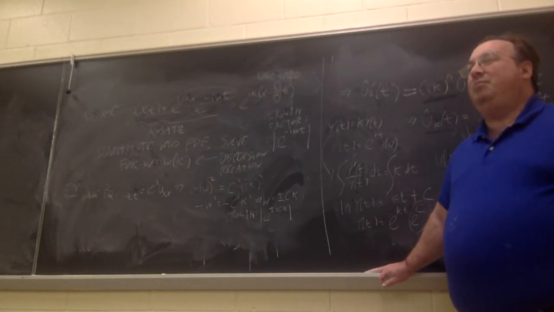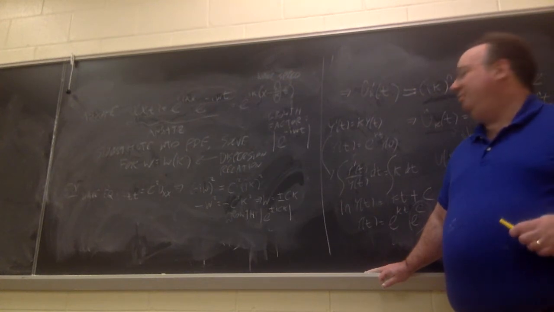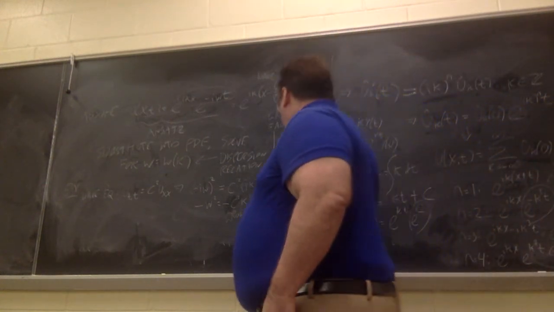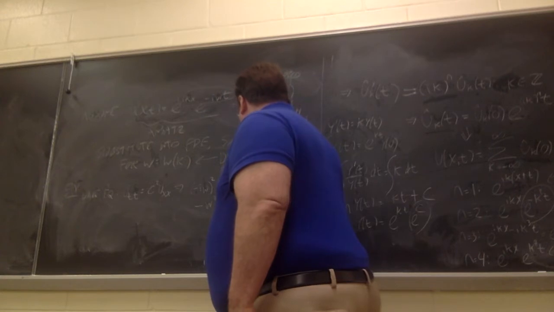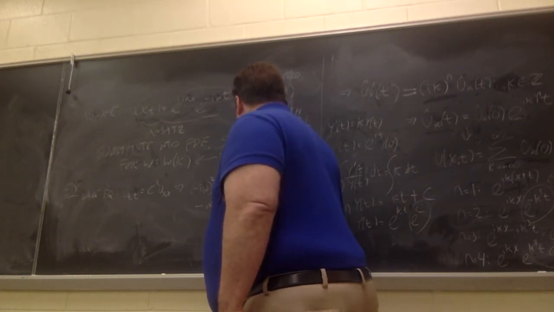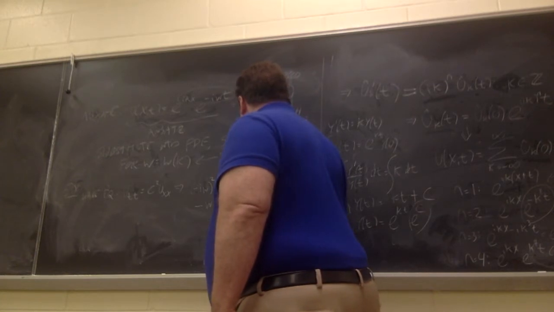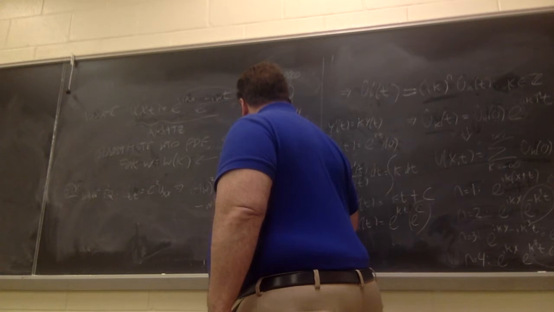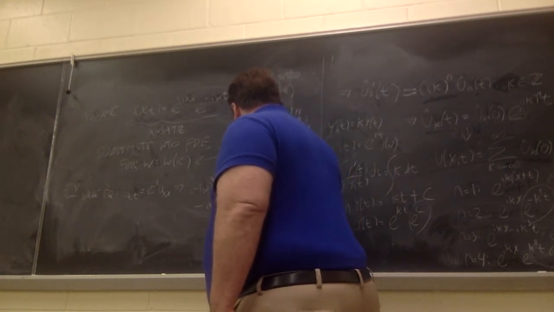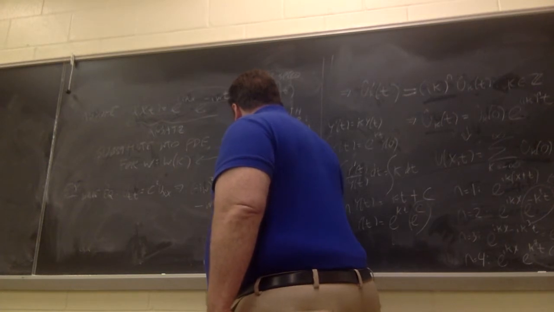But it's the i that changes everything. Well, that's the same as cosine ck plus or minus i sine ck. In other words, it is a point on the unit circle in the complex plane.